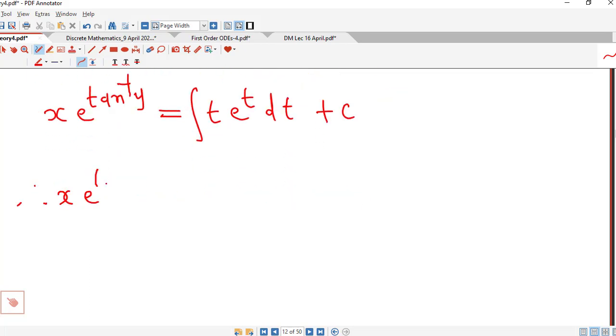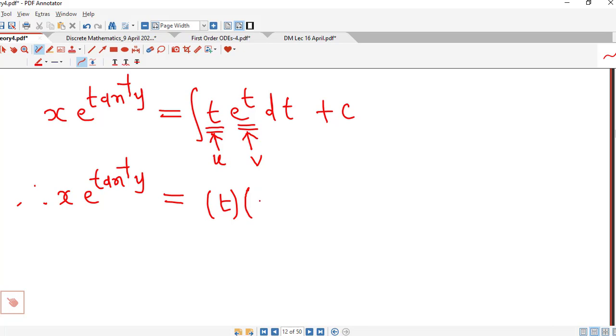Therefore x into e raised to tan inverse y is, now here we apply integration by parts. We consider u equal to t, v equal to e raised to t. First we keep u as it is, that is t.